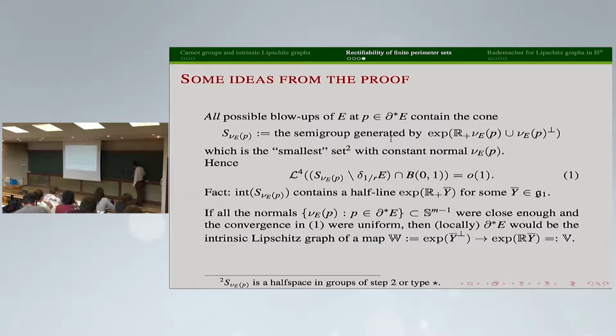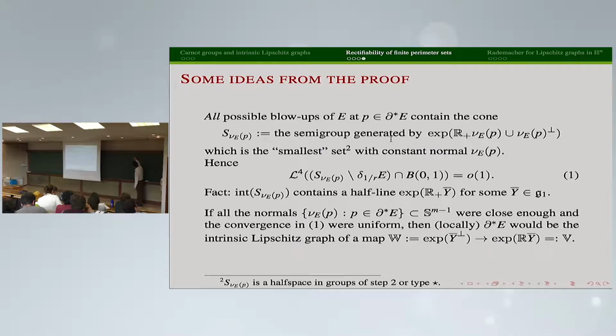So this picture is not feasible, because if you perform the same argument on the complement, you will have a complementary, so an opposite half cone, where the set can cover almost nothing, because the complement will cover almost everything. But now, if you put things together: since the blow-up at P contains almost all of this cone, it also contains almost all of this set.